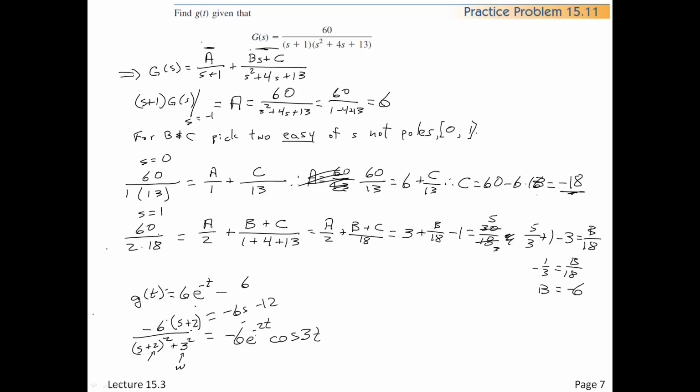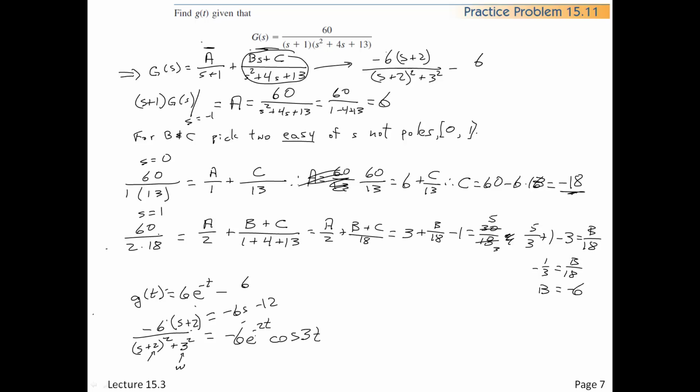So I'm going to have to rewrite the last term. This whole thing is going to become minus 6s plus 2 over s plus 2, the quantity squared, plus 3 squared. Okay, but then I've got 6 left over because I had minus 18.